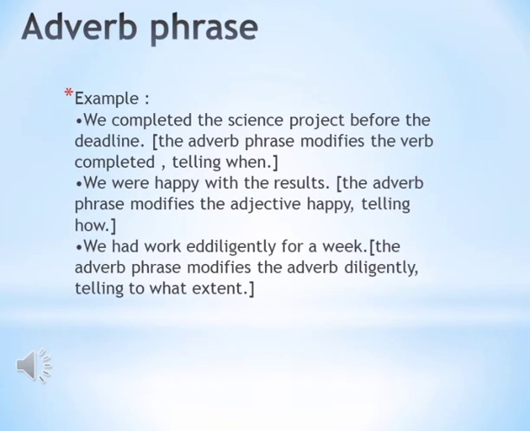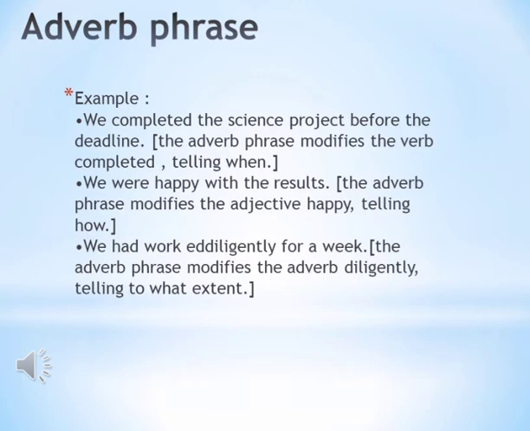And next, adverb phrase. An adverb phrase is simply a group of two or more words that function as an adverb in a sentence. Just as an adverb can modify a verb, adjective, or another adverb, an adverb phrase of more than one word can further describe a verb, adverb, or adjective.